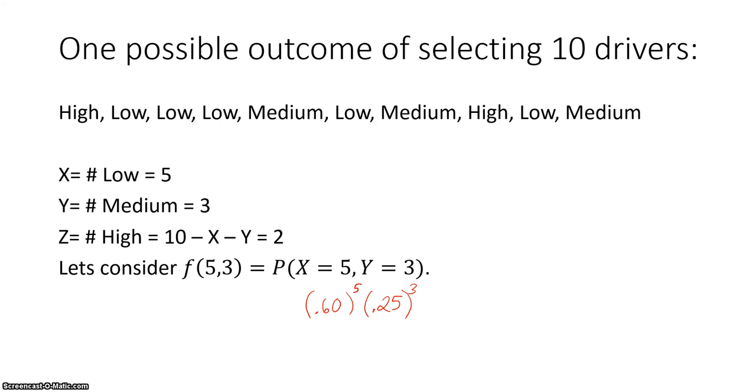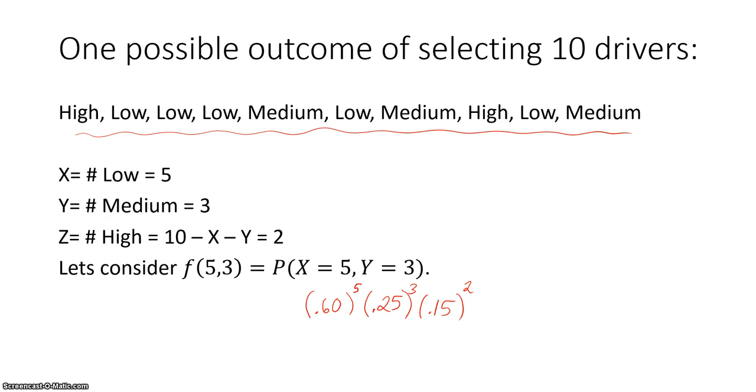And the chance of being high risk was 1 minus 0.6 minus 0.25, which gave us 0.15, the proportion of high-risk drivers. And since there were 2 of those, we'd have that raised to the second power. Now, if we did this calculation, it would give us the probability that we would see exactly this outcome, or exactly any one particular outcome that would have these numbers.